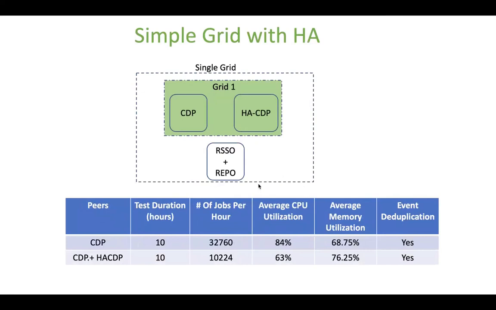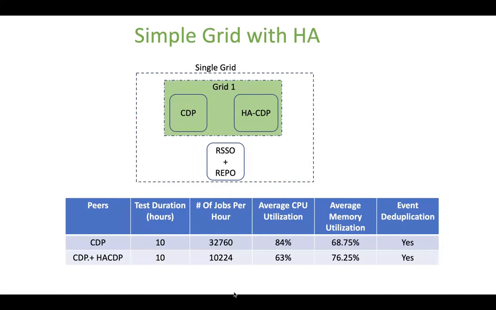If you see the table, most importantly, you could run 32,000 jobs per hour when you have only one CDP. But with the same transaction load, when you add a second peer into the grid, the throughput goes down, how many you could run within one hour.